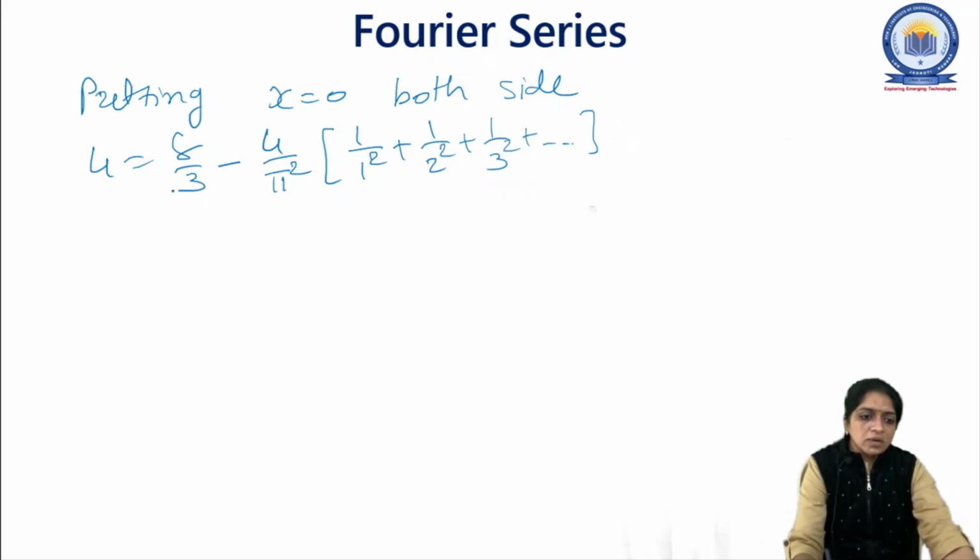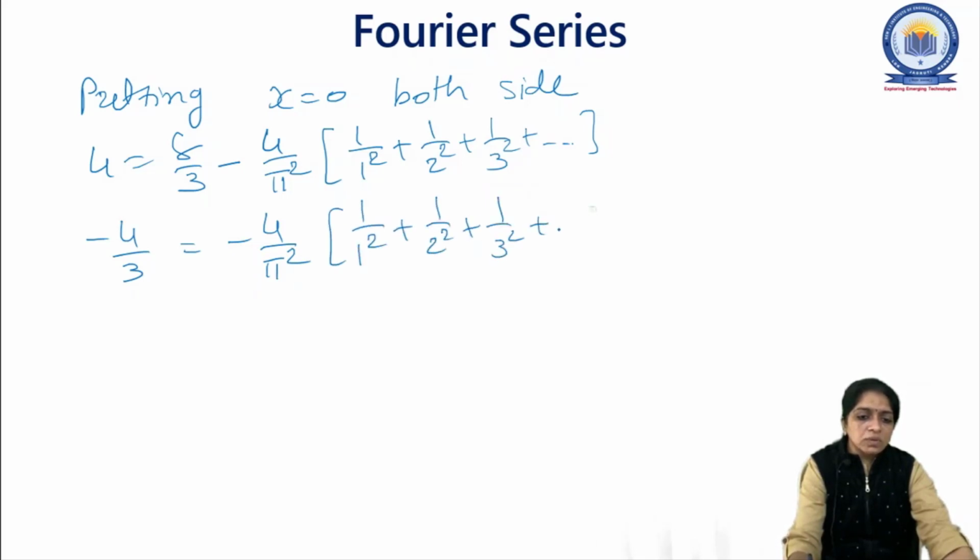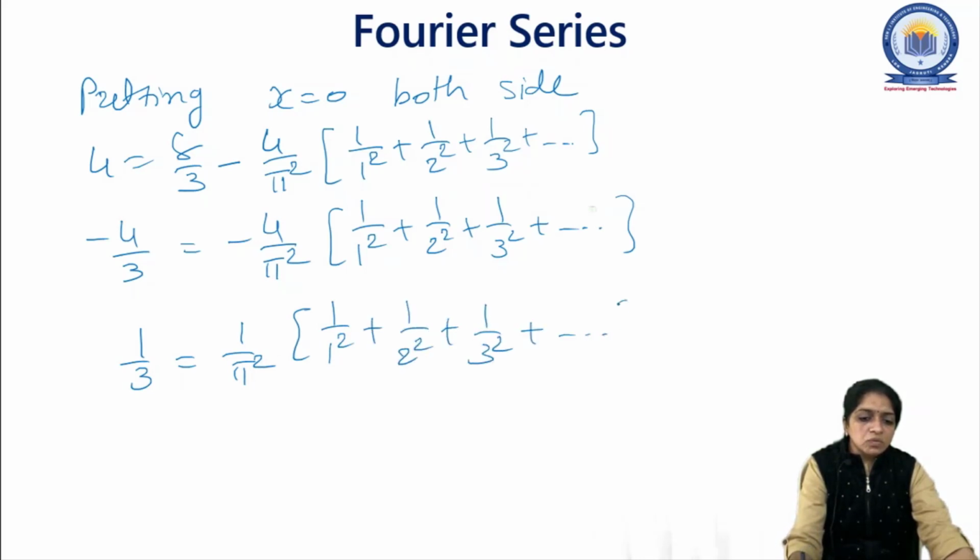Okay, so here 4 is 12 by 3, 12 minus 8, that is 4 by 3, equal to minus 4 upon π² times 1 upon 1² plus 1 upon 2² plus 1 upon 3² plus and so on. If I take minus 4 common from both sides, then I have 1 by 3 equal to 1 upon π² times 1 upon 1² plus 1 upon 2² plus 1 upon 3² plus and so on. So this is equation 1.